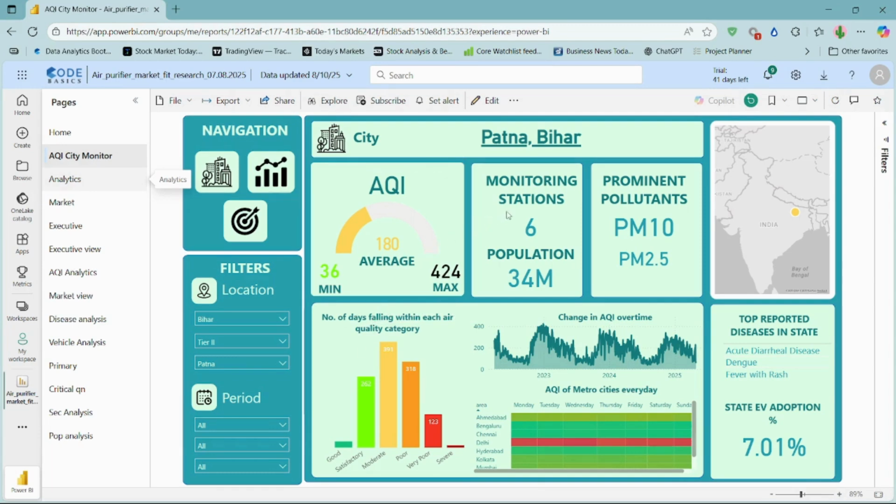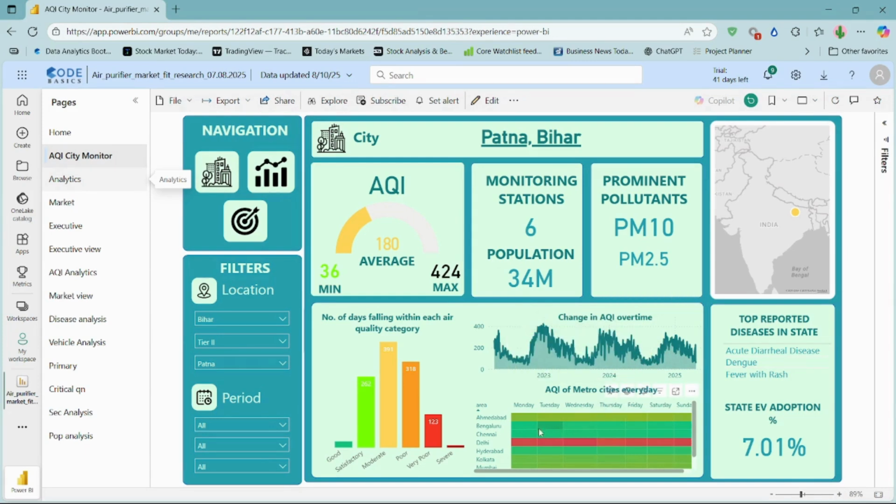So we can see the number of monitoring stations in each city, the population of the city, the prominent pollutants present in each of these cities, as well as the number of days falling within each air quality category. We can also visualize the change in air quality over different time durations.